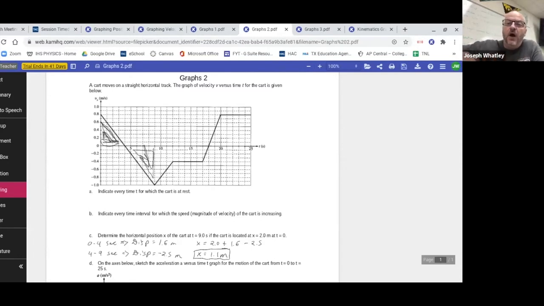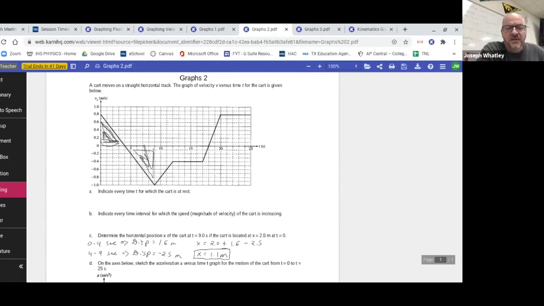If it's moving away from the horizontal axis, it's speeding up because it's getting further away from 0, whether in the positive or negative direction. I can run fast backwards, I can run fast forwards. Looking at the graph starting at 4 seconds, we're moving at a larger and larger velocity from 4 seconds to 9 seconds.